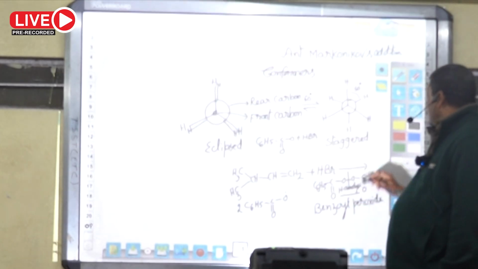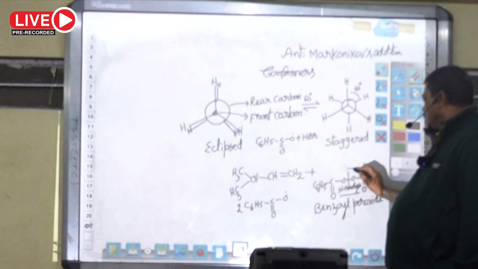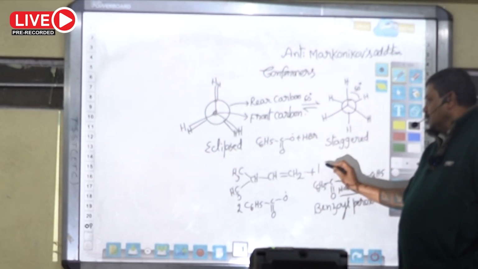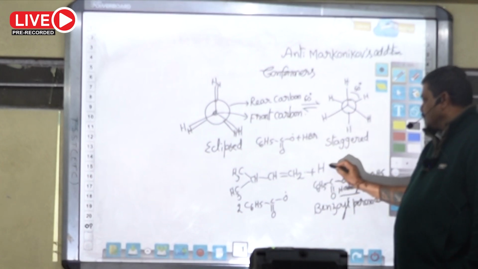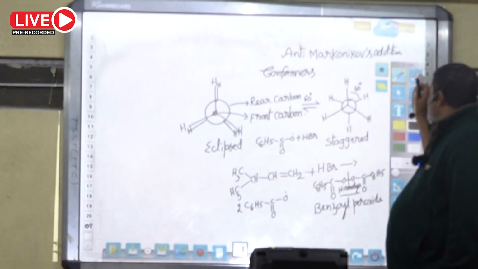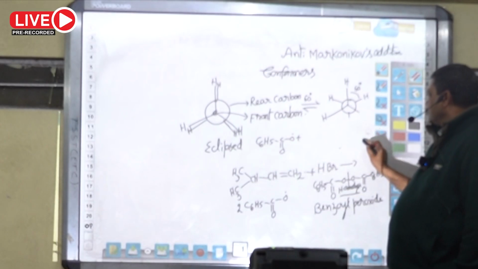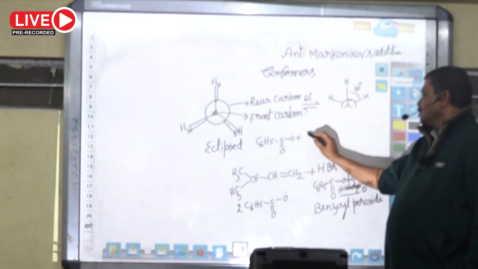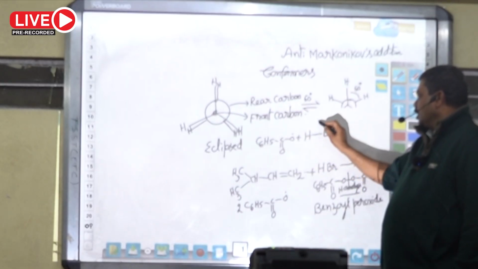In HBr also, the bond undergoes homolytic bond fission.